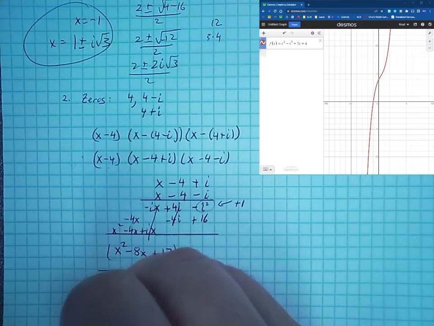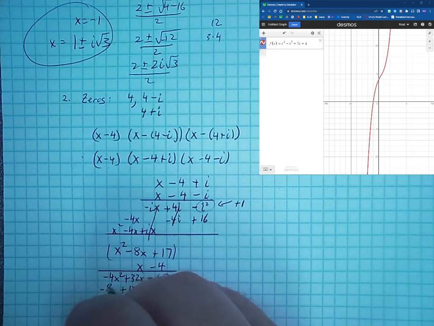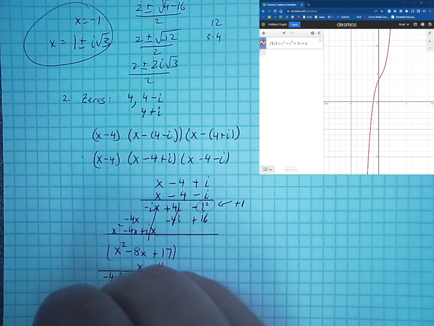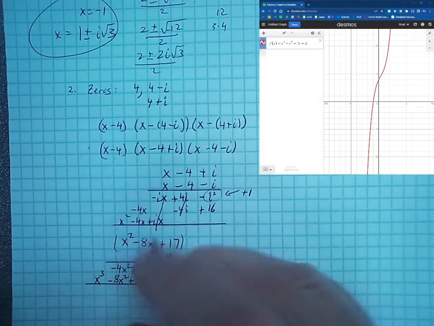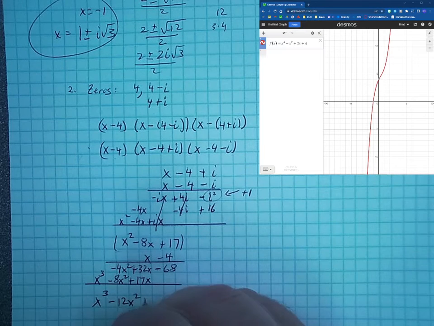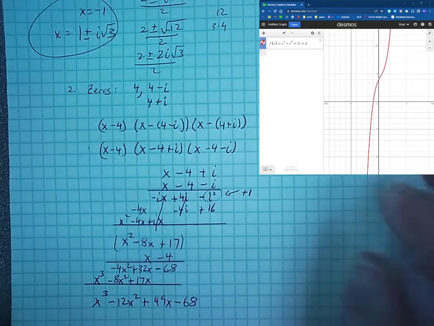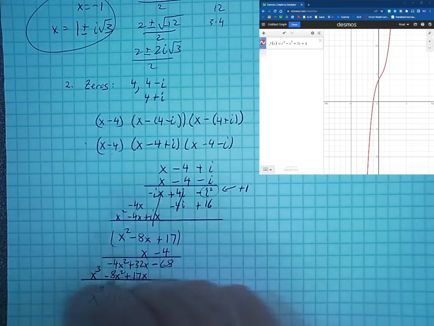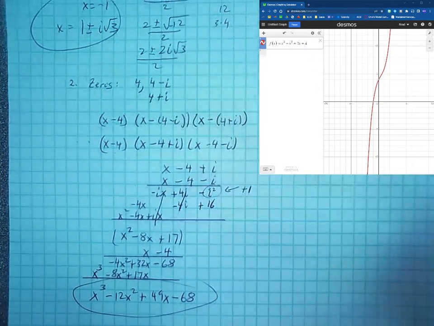Negative 4x squared. x times 17, x times negative 8x, and x times x squared, which leaves me with x cubed minus 12x squared plus 49x minus 68. So there's my answer. This is the polynomial with these 3 zeros.